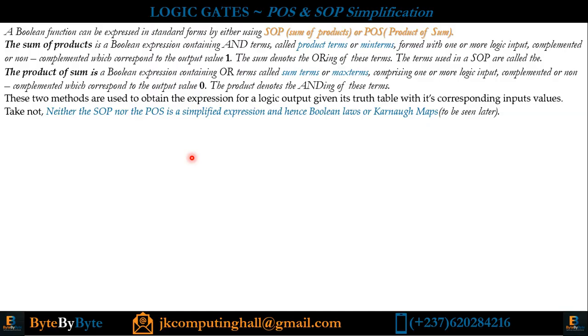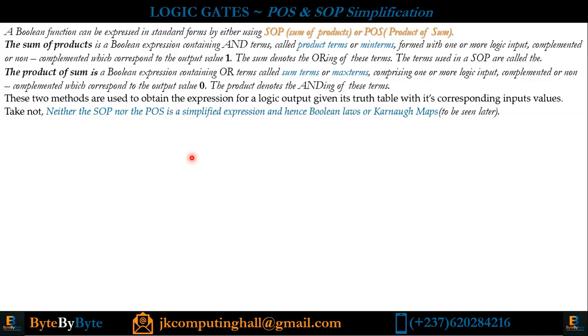These two methods are used to obtain the expression for a logic output given its truth table with its corresponding input values. Take note, neither the SOP nor the POS is a simplified expression, and hence Boolean laws or Karnaugh maps are needed, to be seen later. Karnaugh map is our next lesson.